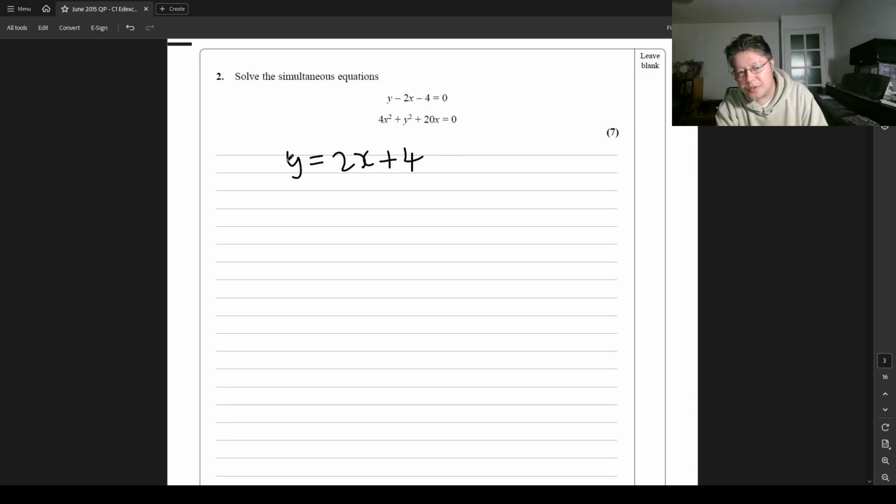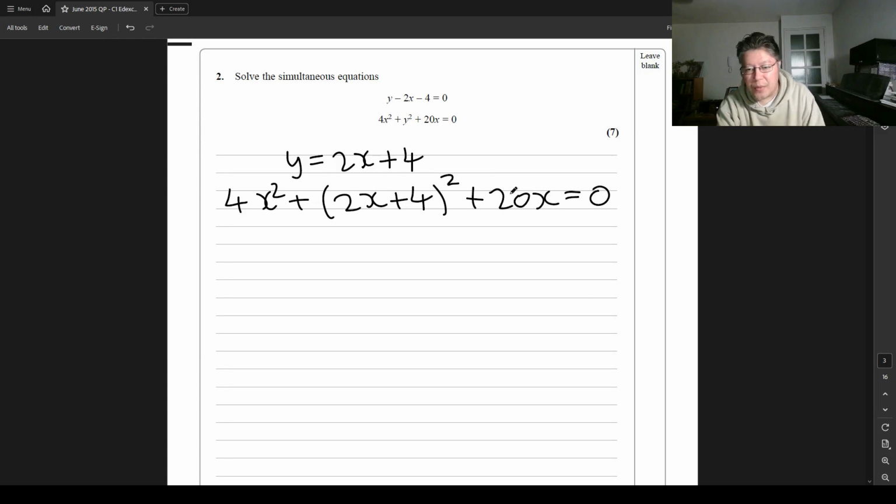Then we substitute this into the second equation where the y squared is. So we get 4x squared plus (2x plus 4) all squared, plus 20x equals 0.